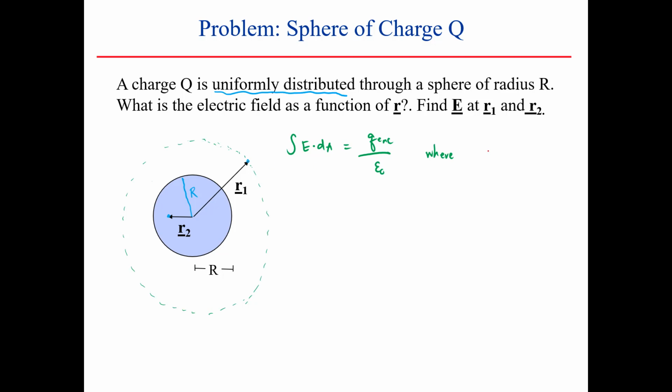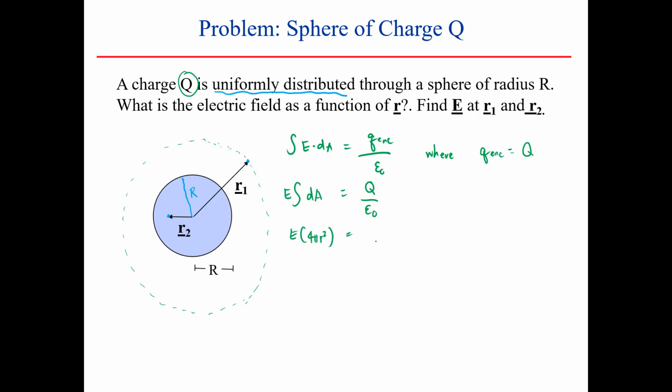So, as you can see, the enclosed charge is just equal to the total charge, which is Q. Therefore, you have E multiplied by the integral of dA is equal to Q over epsilon naught. Now, we know that the integral of dA for a spherical surface is just equal to 4 pi r squared.